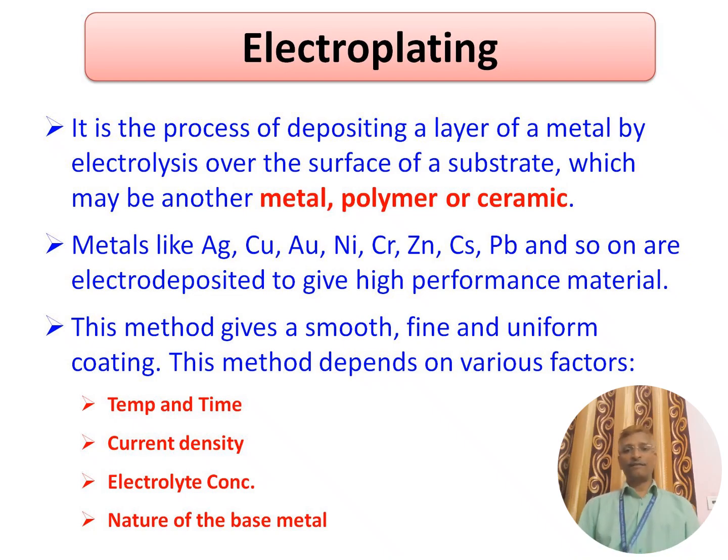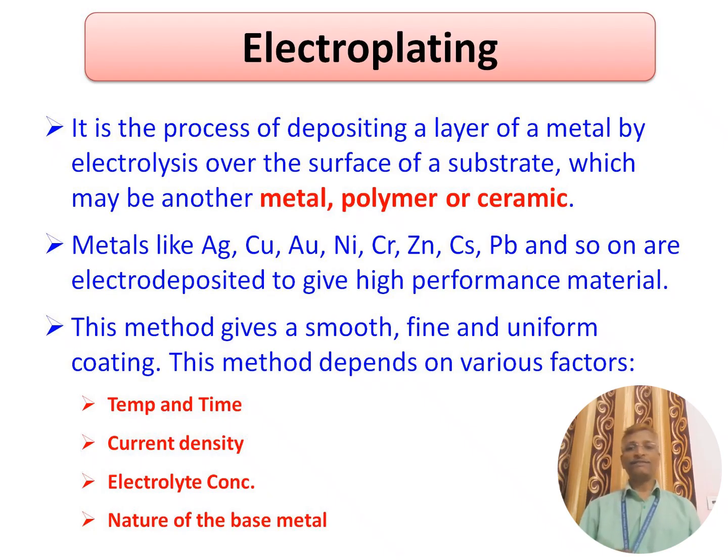Metals like copper, gold, nickel, chromium, zinc are electro-deposited to give high performance material. The purpose of electroplating is not only to prevent corrosion but also to decorate objects. This will provide a smooth, fine, uniform coating.